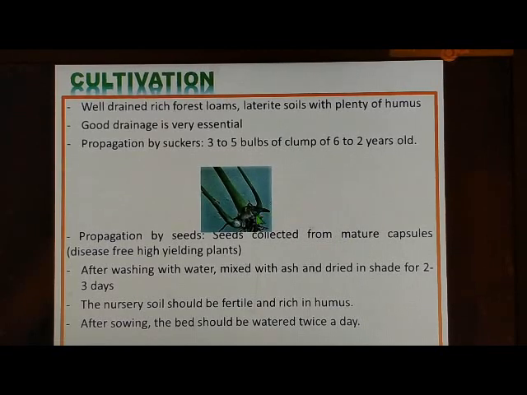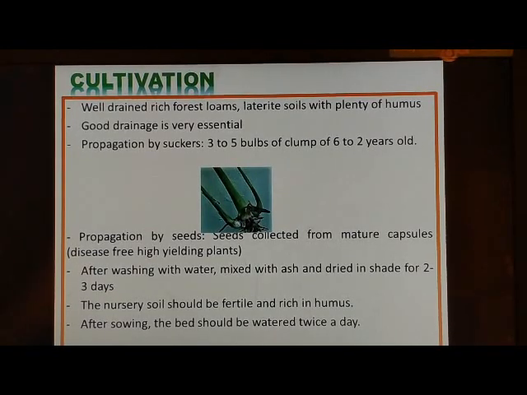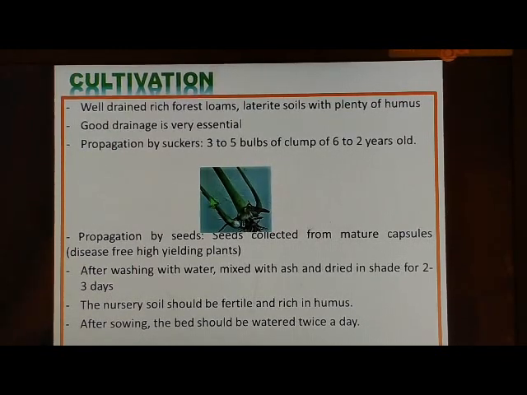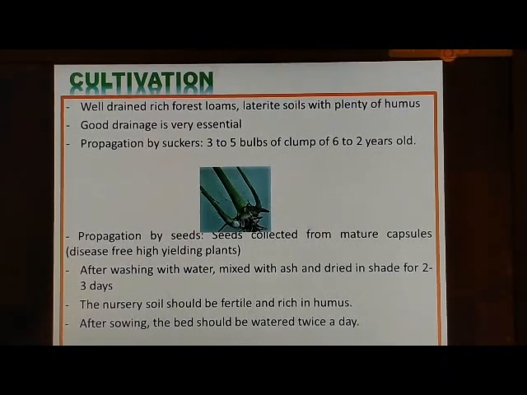In this process, 3 to 5 bulbs of a clump, about 6 months to 2 years old, collected from high yielding healthy stocks, are planted in each pit and then covered with soil. So that is propagation by suckers.